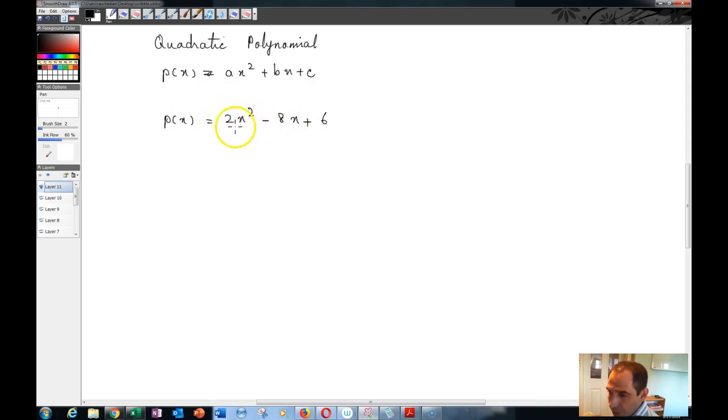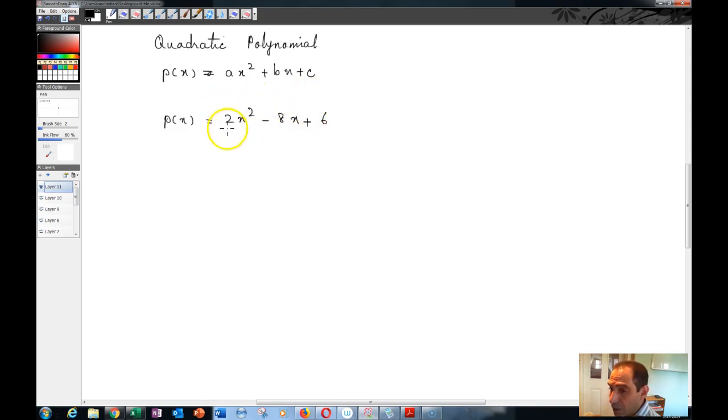Okay, so now if you want to find the zeros of this polynomial, what you can do is factorize it, meaning that you can rewrite the middle term in such a way that you can factorize your polynomial.